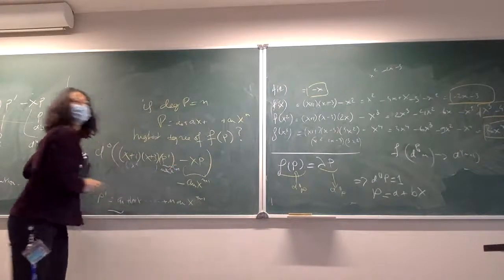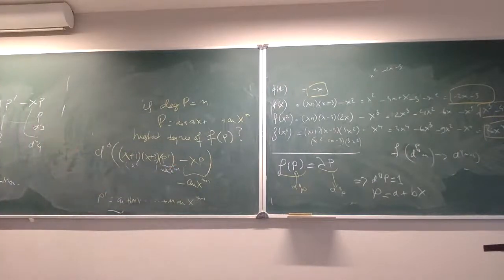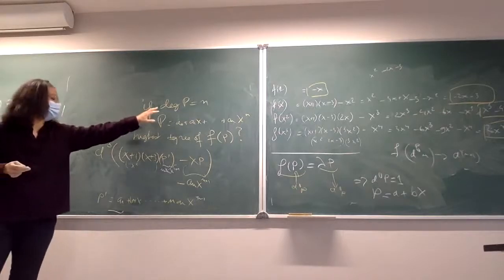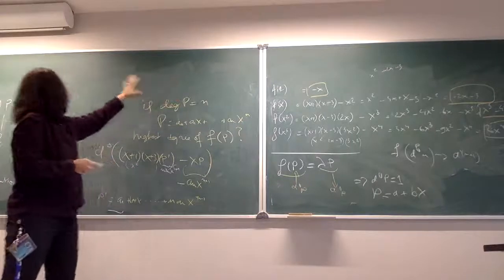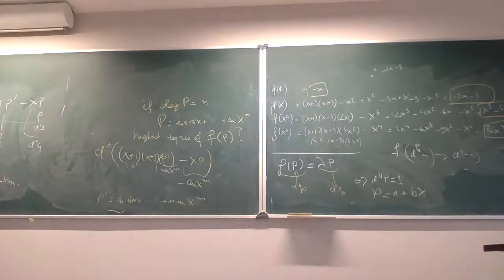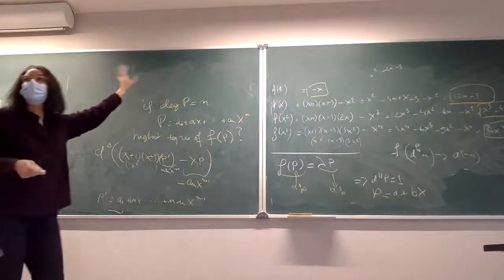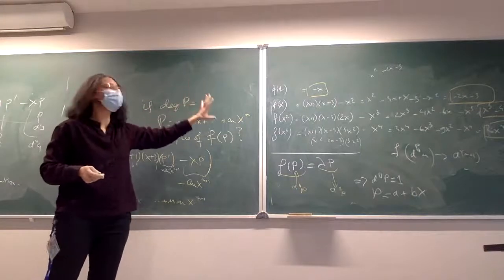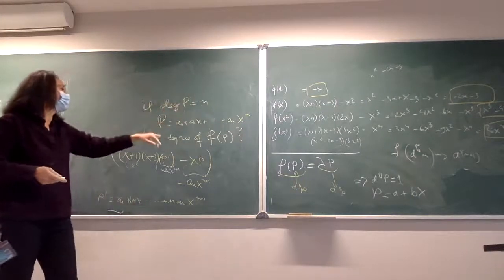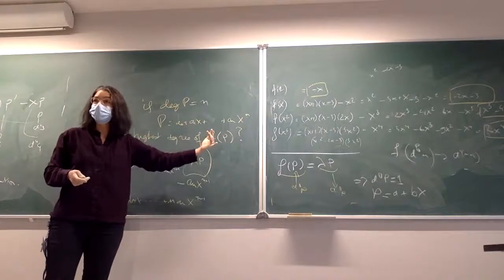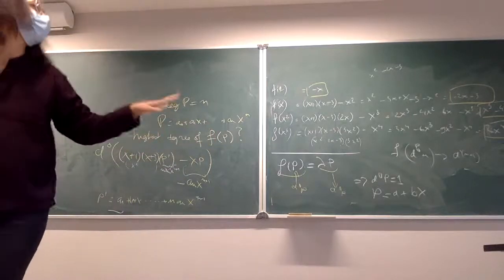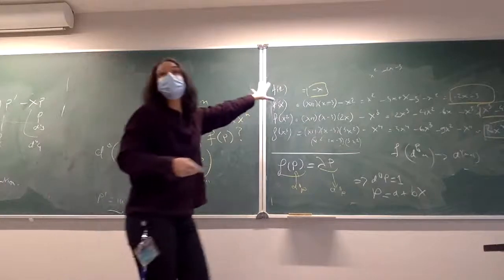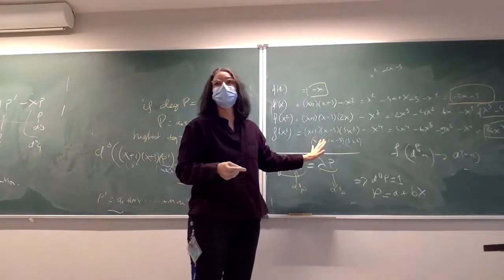So this one minus x is equal degree n. Now, if I forget about my restriction, let's take any polynomial of degree n. What I want to prove is that the degree of the image is going to be n plus 1, unless n is equal to 1.